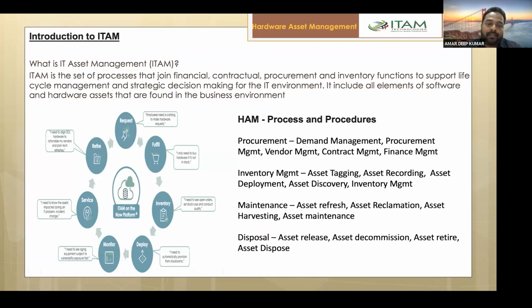Once finance approves it, you check all the contractual facts, predefined vendors, and your procurement team will now deal with multiple vendors, right? The vendor who gives you lower prices, we will go with that.